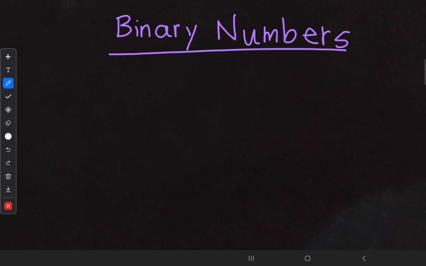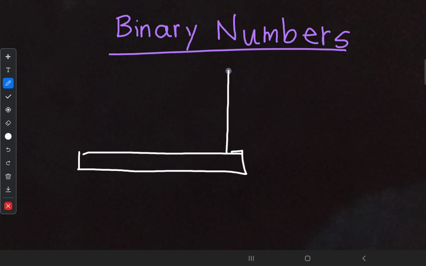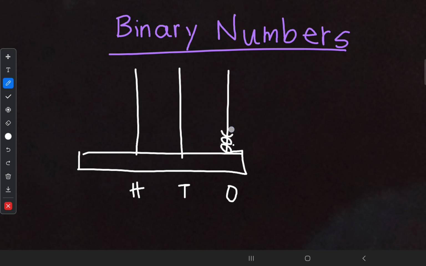Binary numbers, in the bar we discussed previously, with tens, hundreds, and this being our ones. The maximum number of bubbles we can input over here would be 9: 1, 2, 3, 4, 5, 6, 7, 8, 9.